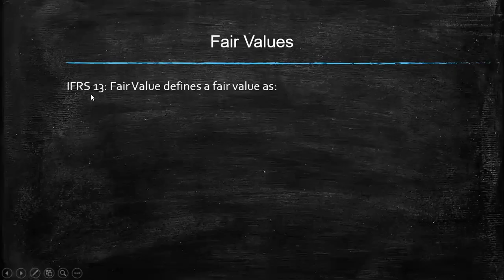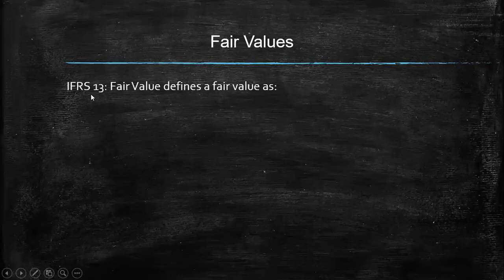So we have the concept of fair values. Now, fair values are so important in accounting, and you'll come across them again and again in other concepts as well, that they gave a separate accounting standard to fair values, and that accounting standard is IFRS 13.